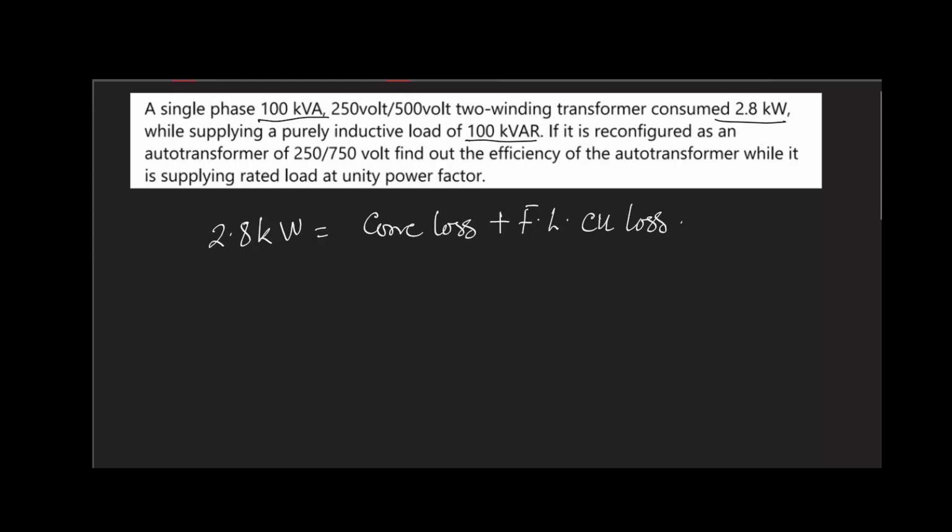So basically it can consume a current up to 100 by 250, and the primary side current is how much? 40, and the secondary side current will be how much in the two winding configuration?